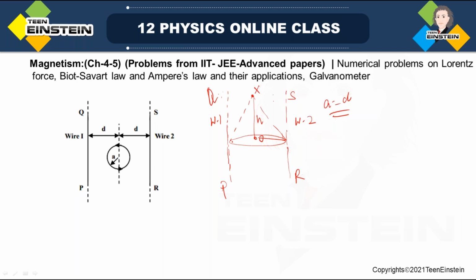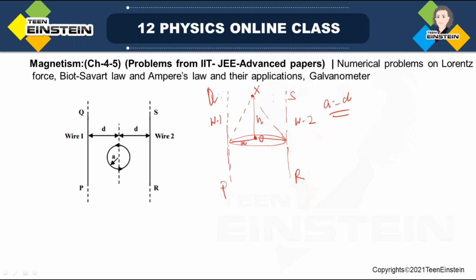Now look, this is A or whatever you can take. D or A, both the same actually here now. All right, see, actually there are two things. The magnetic field will be produced by these two wires at this particular point, or if I take this point, magnetic field will be produced by both PQ and RS at this particular point, and also magnetic field will be produced by the loop.